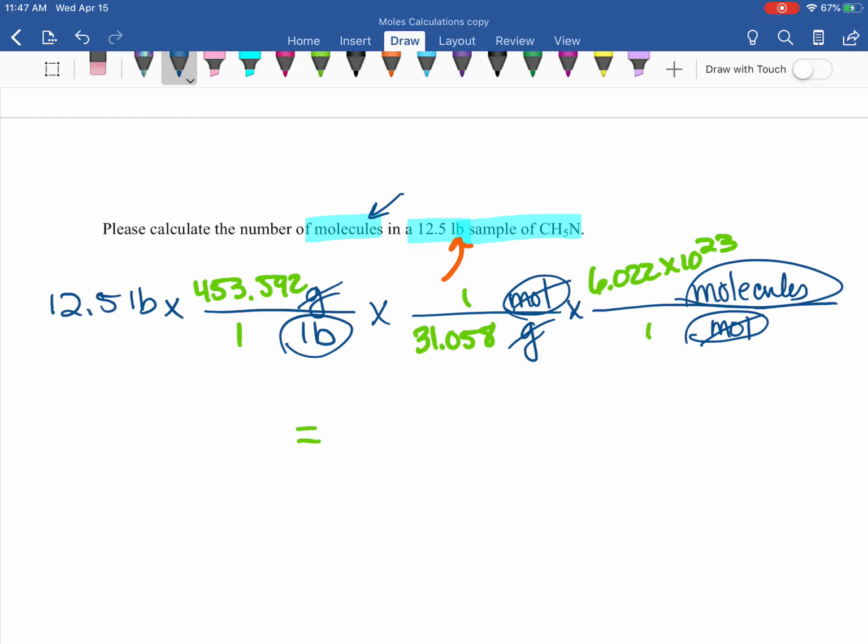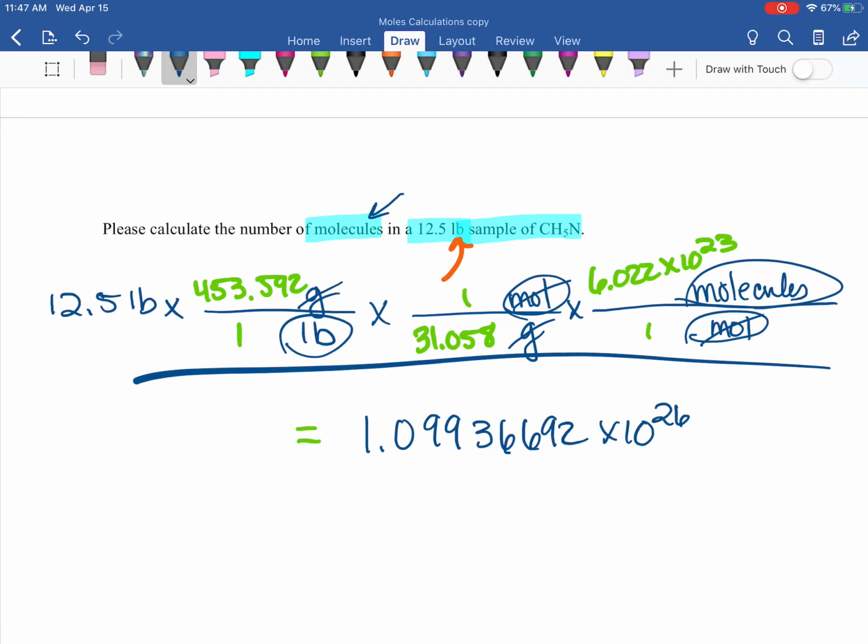I'm going to bust out my calculator and let's see. Okay, remember to kind of string them together in order. Don't forget your exponents. I just got 1.09936692 times 10 to the 26th. Now there's a reason I strung all three of these together.